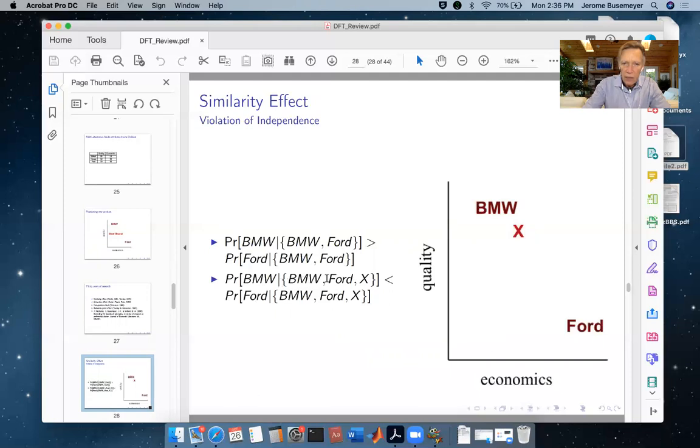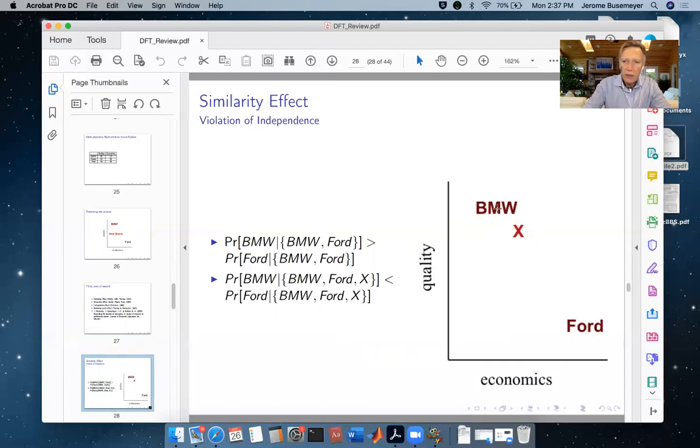When we have BMW, Ford, and this new option X, the BMW is chosen less than the Ford. Ford becomes more popular. When you introduce the similar option, it only steals from the BMW and leaves the Ford alone.